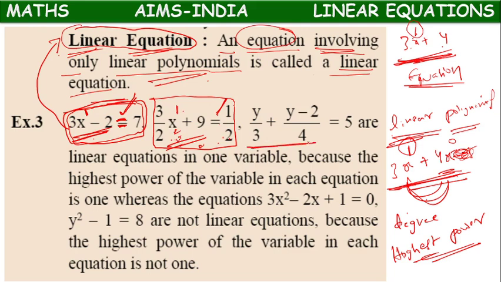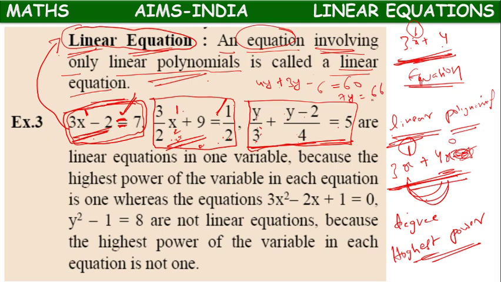Whereas in this third example, if we simplify, we get 4y + 3y - 6, that is 7y minus 6.